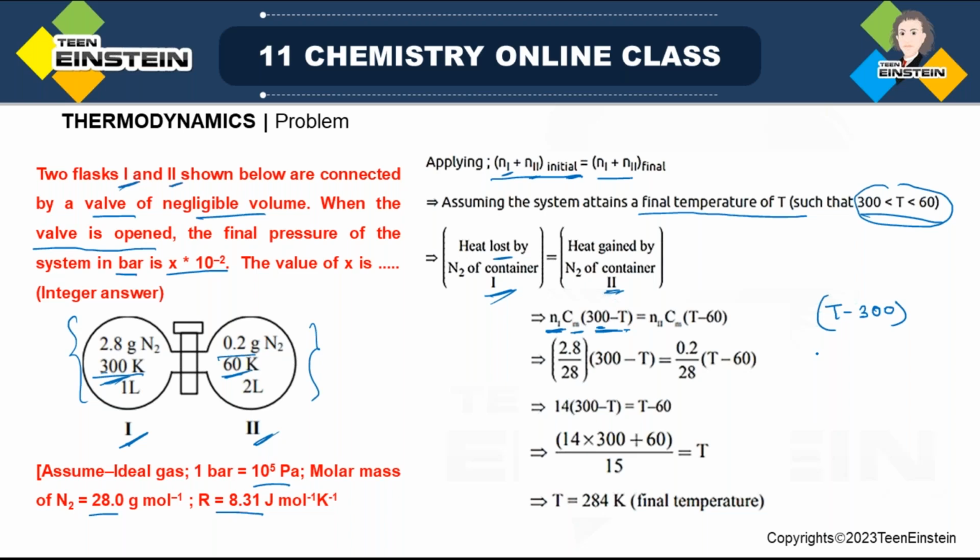But then you have to put a negative sign as it is heat lost. As we are not putting the negative sign, directly it is written 300 minus T.